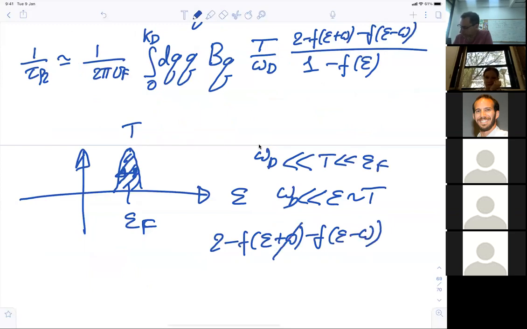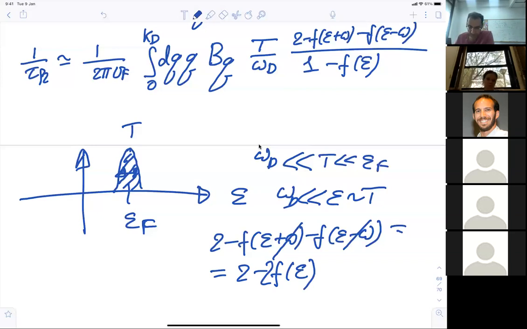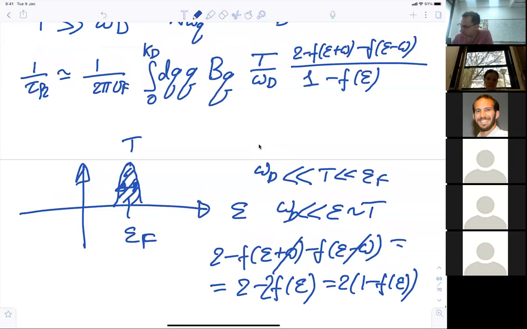I can forget about this difference and say that this is 2 minus 2 f of epsilon, and therefore it's 2 times 1 minus f of epsilon. And therefore the whole term is essentially 2.